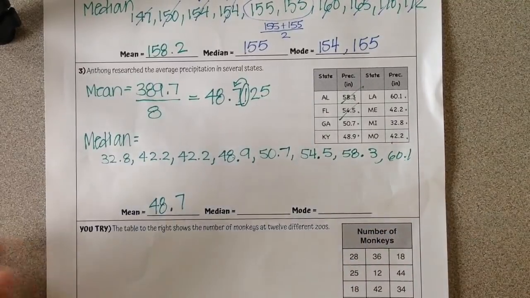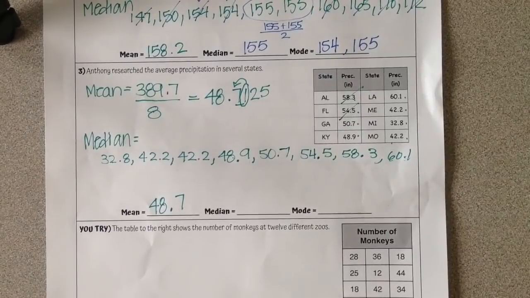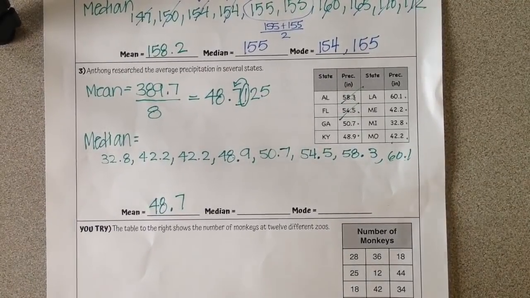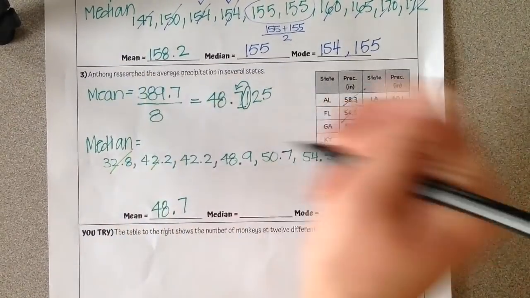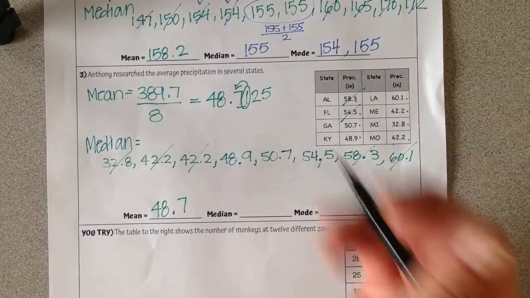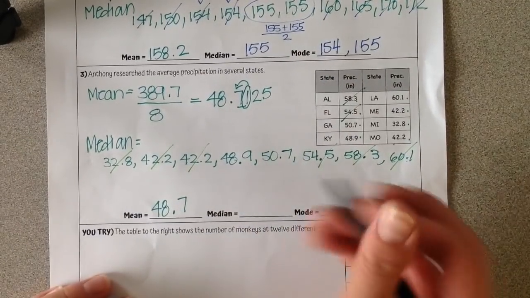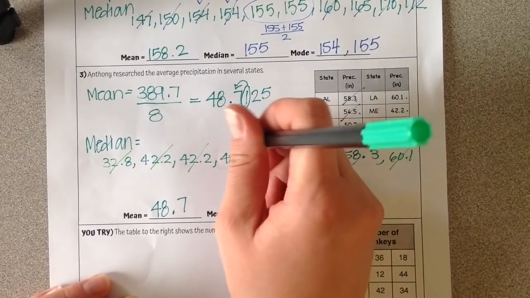Another way we can check, you know you have 8 values, 1, 2, 3, 4, 5, 6, 7, 8. Okay? I am going to cross off on either end to try to find my middle value. Cross off lowest and highest, lowest, highest, lowest, highest. And again, just like example 2, I have 2 numbers left in the middle.